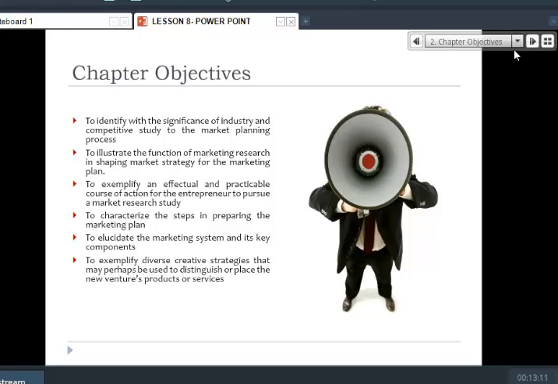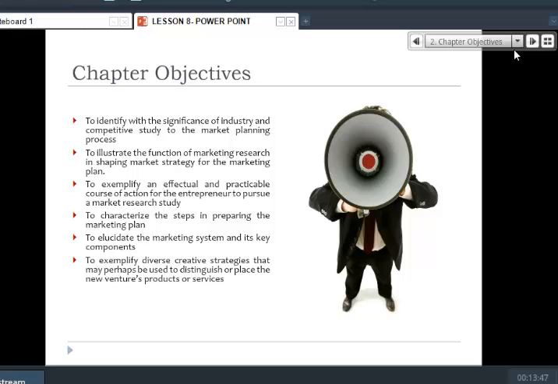We will also be able to give some examples of the effectual and practicable courses of action for the entrepreneur to pursue, to attempt a market research study, to characterize the steps in preparing the marketing plan, to evaluate the marketing system and its key components, its key elements.